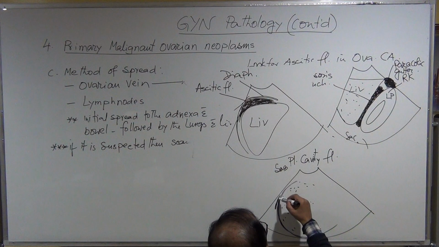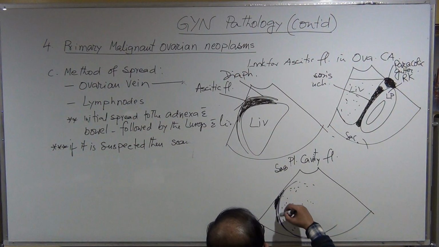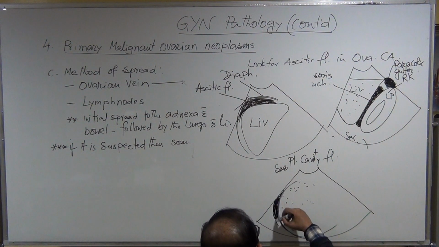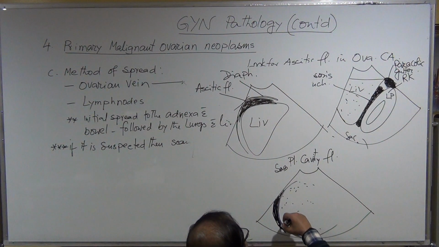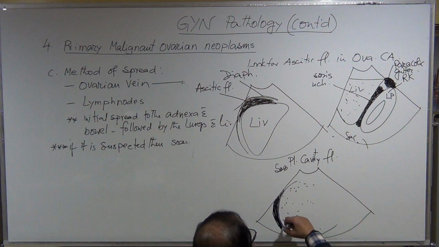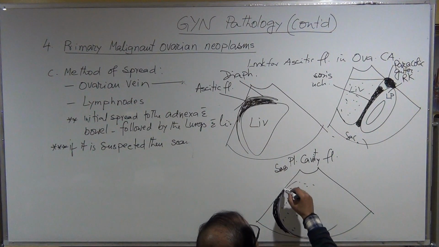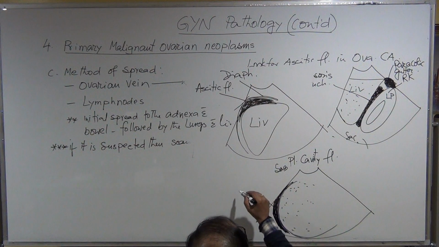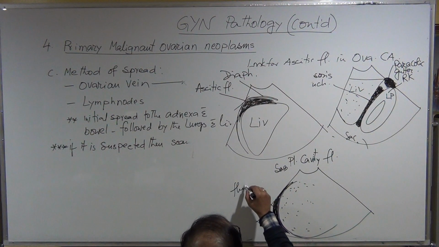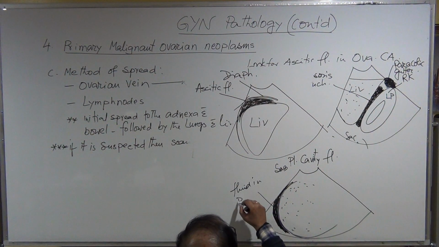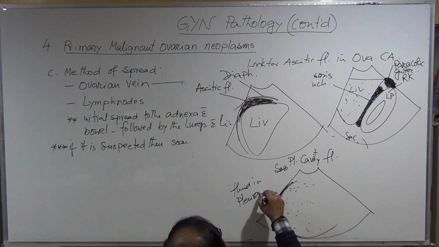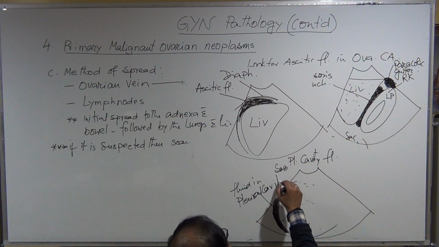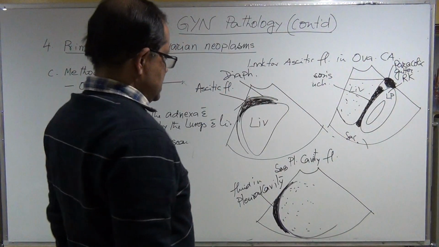Above the diaphragm, if you see fluid collection, it would be in the pleural cavity, and this is the ascitic fluid. And that fluid you can see in sagittal view and also in transverse view. So this is fluid in the pleural cavity or pleural sac. Okay, and this is liver.